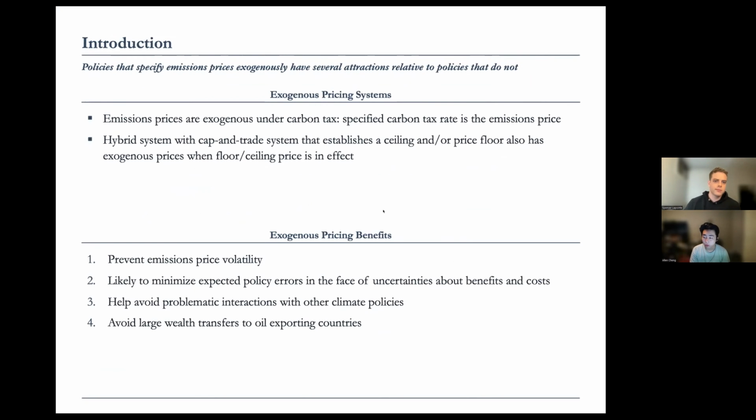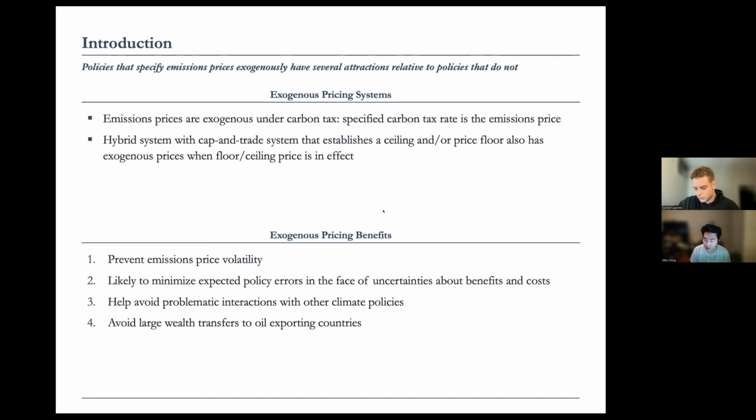Now we'll go over how policies that specify emissions prices exogenously have several attractions relative to policies that do not. Emissions prices are exogenous under the carbon tax because the specified carbon tax rate is ultimately the emissions price, and consumers and producers both recognize the tax rate and the ultimate emissions price.